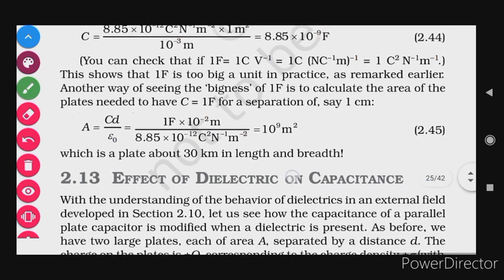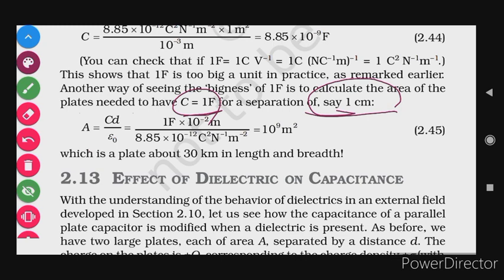I put C equal to 1 F, and using the same formula, with a separation of 1 centimeter and epsilon naught as 8.85 times 10 to the power minus 12, what do we get for the area of the plates? 10 to the power 9 meter squared.